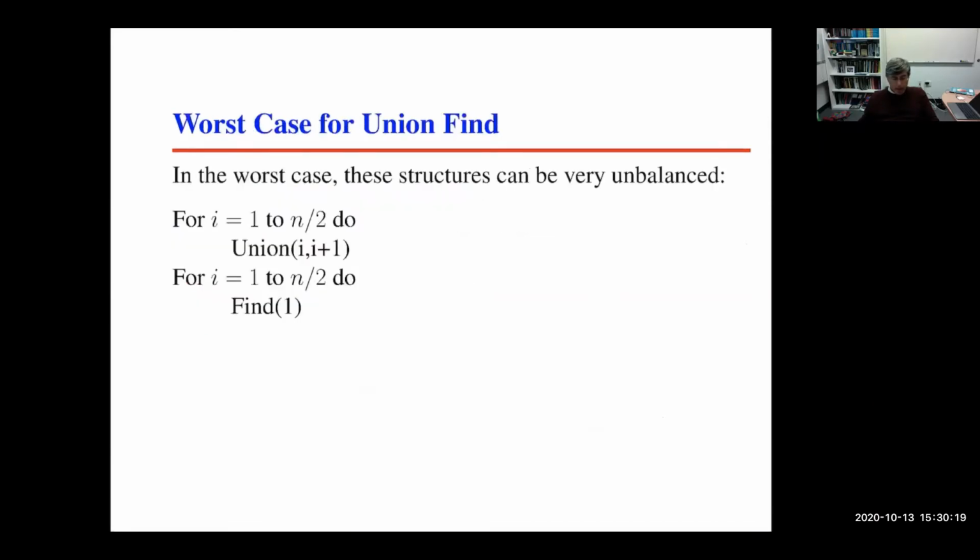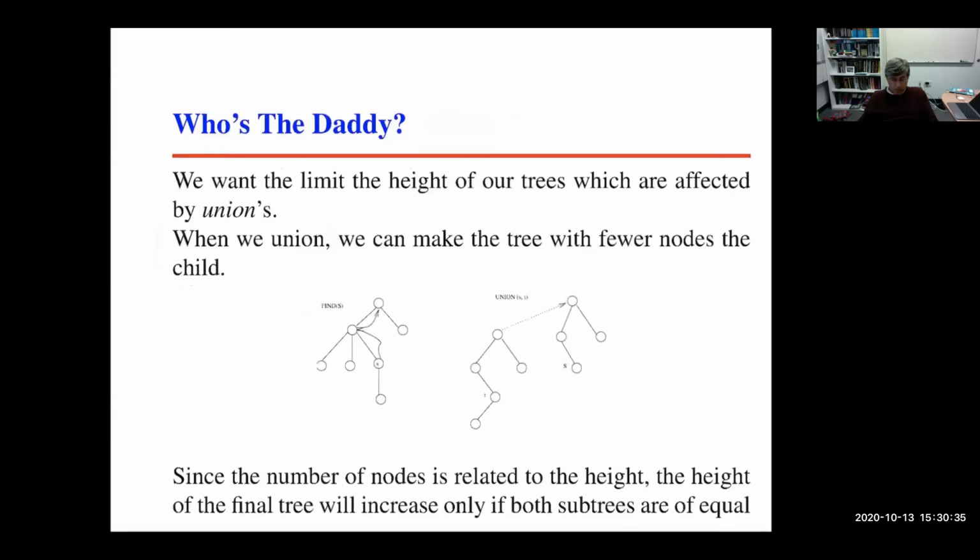Now the key is, again, if I'm not careful about what I make the root, very bad things can happen. If I just merge it arbitrarily, I could get a tree that's going to have a height of n. I would like to limit the height. It turns out it's hard to keep track of the height of a tree after you merge something. But it's easy to keep track of the number of nodes.